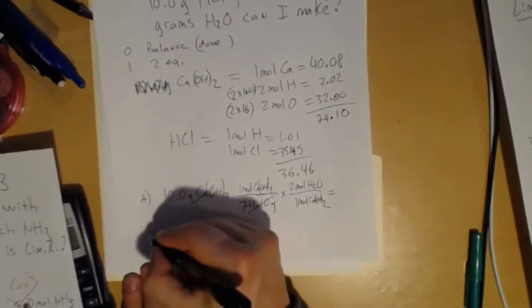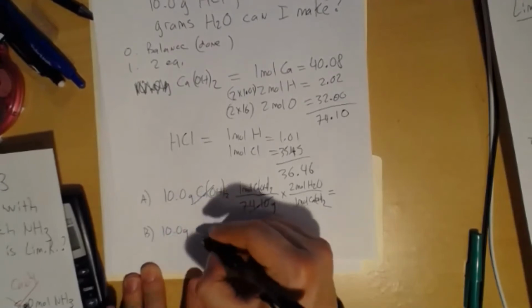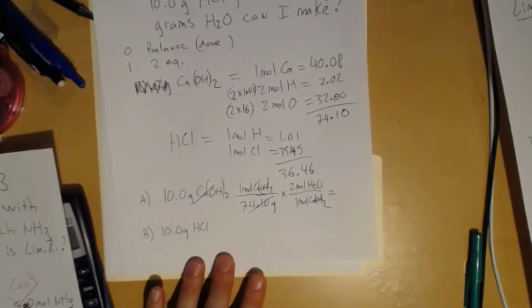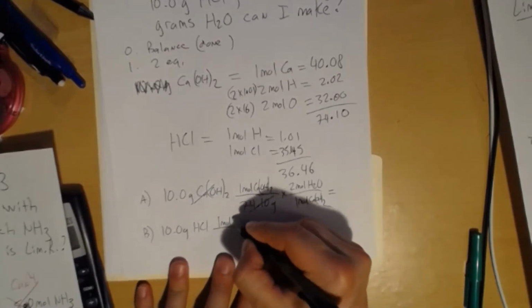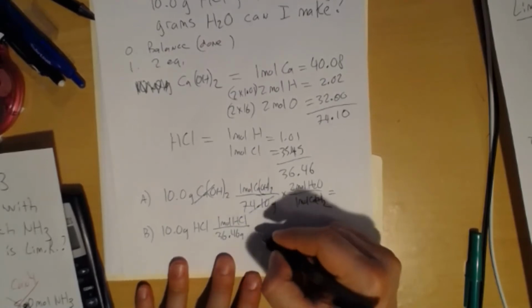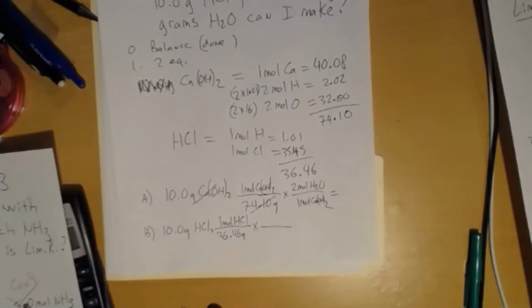Okay. And I got to do it with the second equation, B, 10.0 grams of HCl. These are actually going to be pretty close to each other. Times 1 mole of HCl, 36.46 grams. And then what's the mole ratio of HCl to water?